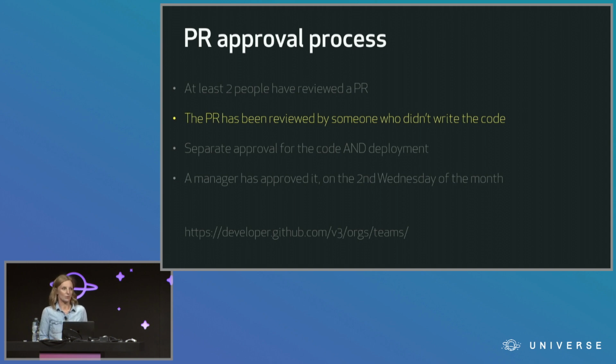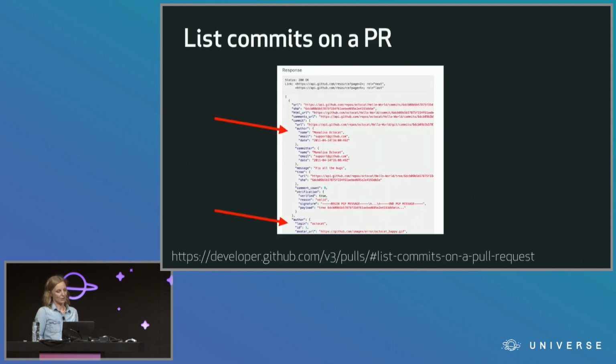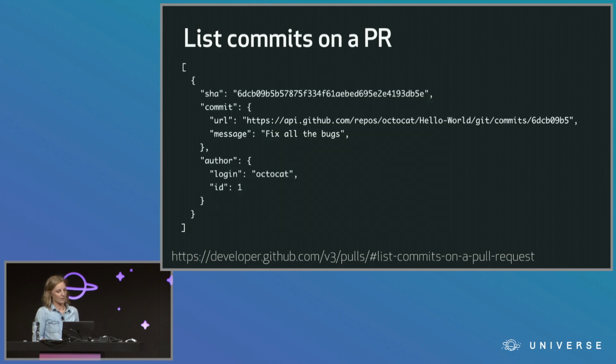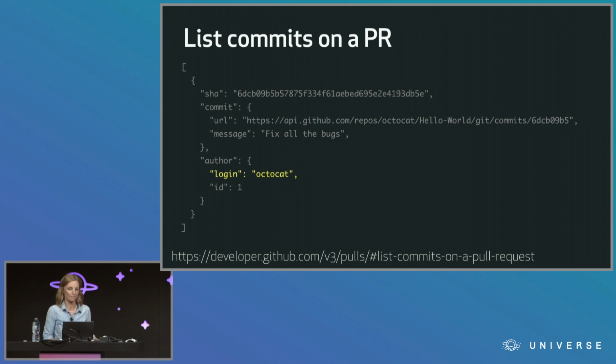So maybe your team needs to ensure that the PR is reviewed by someone who didn't also write the code. You could fetch a list of commits on a PR. The developer site here will give you an example response of what that would look like. A simplified example of that response would be JSON like this. So you see you could extract the authors from that list of people who committed on the PR.